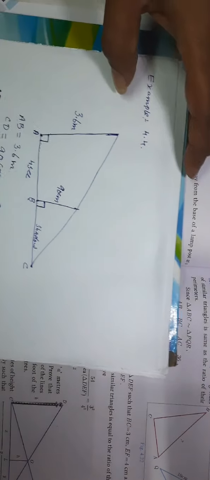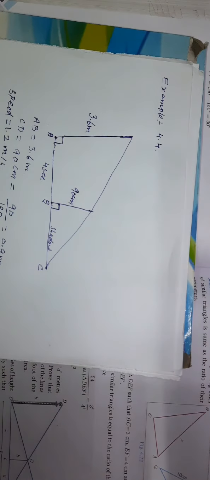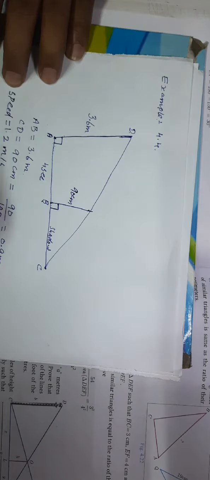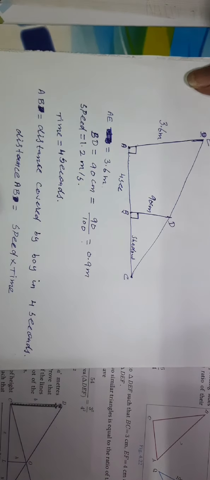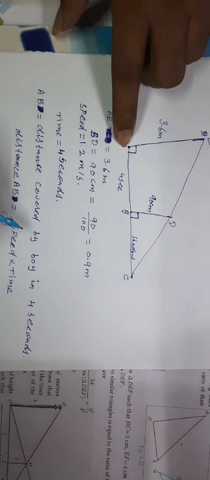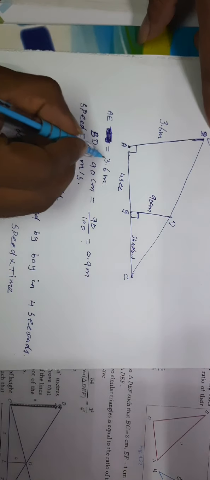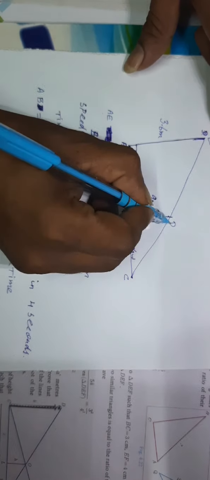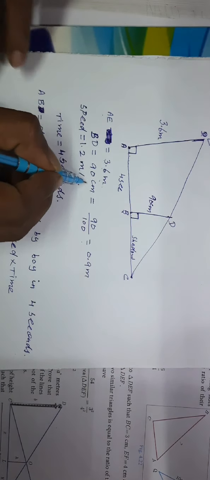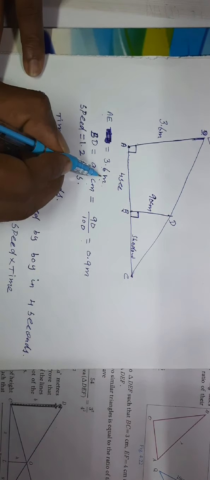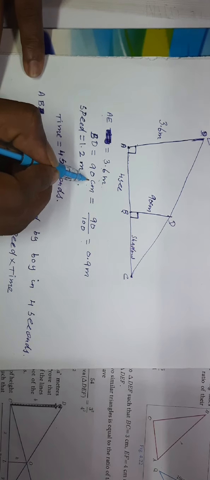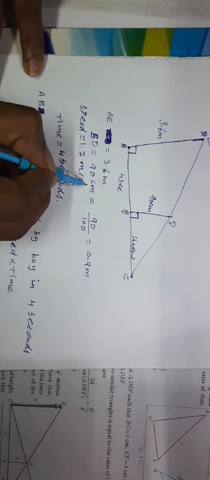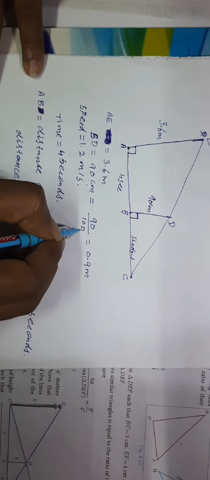Now you can write what is given. The lamppost height AE is equal to 3.6 meter, and the boy's height BD is 90 centimeter. The lamppost is in meter but BD is given in centimeter, so I can change centimeter to meter by dividing by 100.